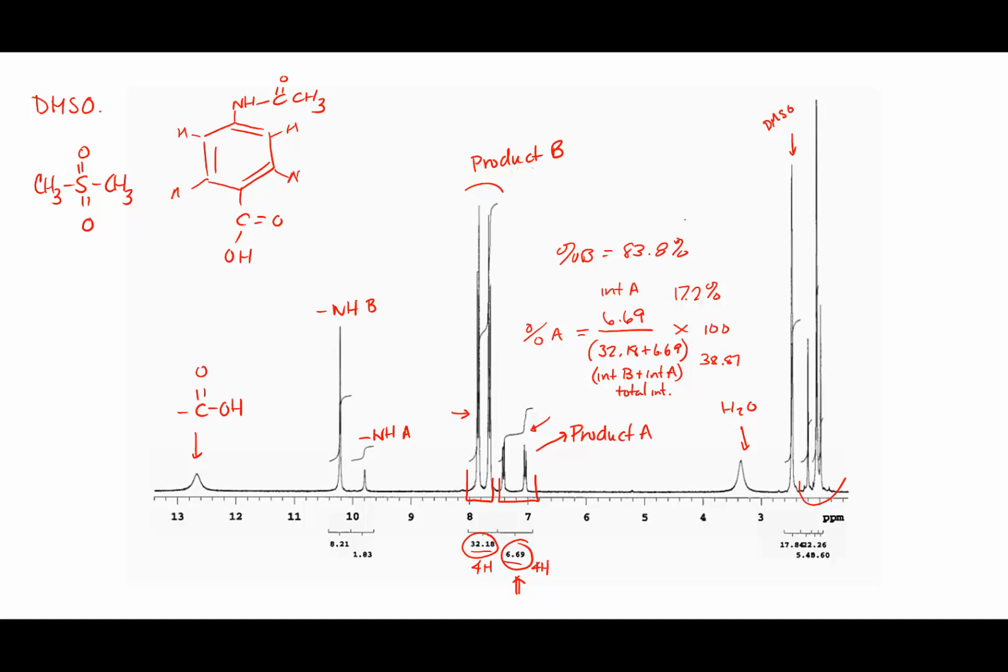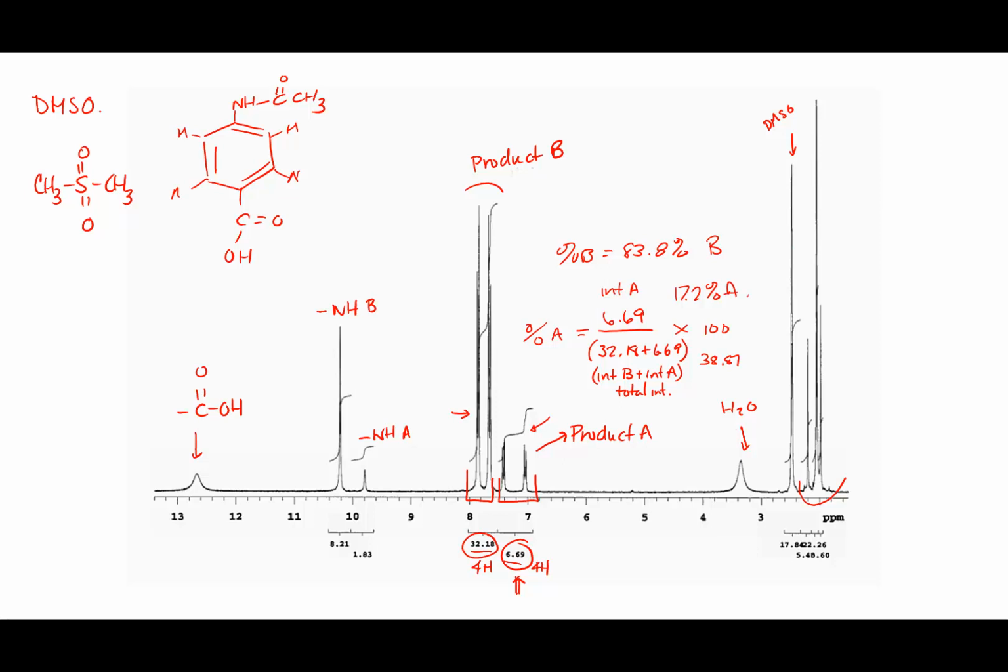So this product is 83.8% product B, and it is 17% product A.